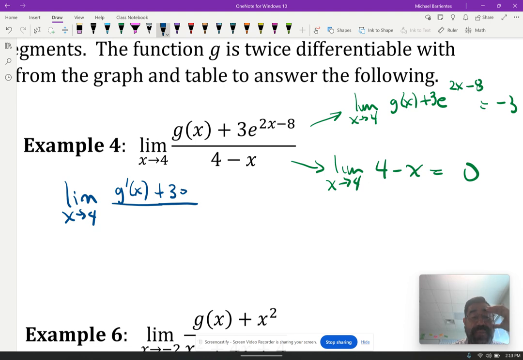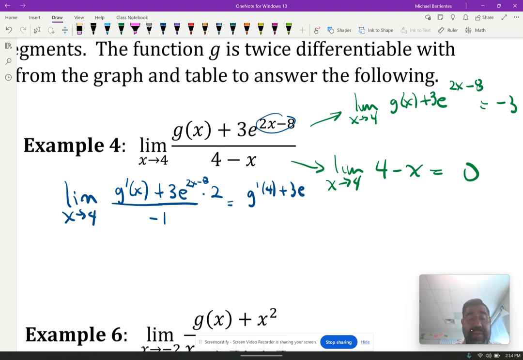So the derivative of that would be e to the 2x minus 8 times the derivative of the inside, and the inside is this, so that's 2, over the derivative of the bottom. Well, the derivative of 4 is 0, minus the derivative of x is 1, so 0 minus 1, that would be negative 1. And so now I need to do direct substitution and see what we get.